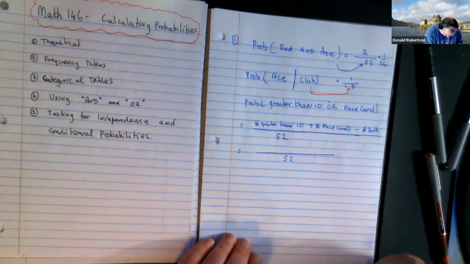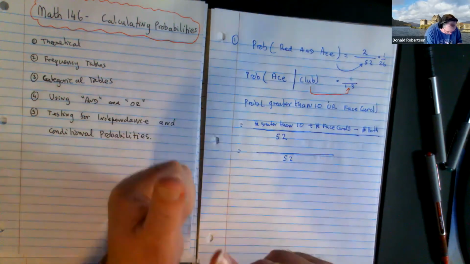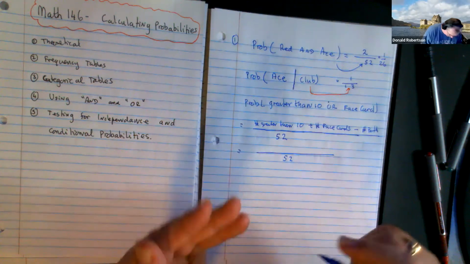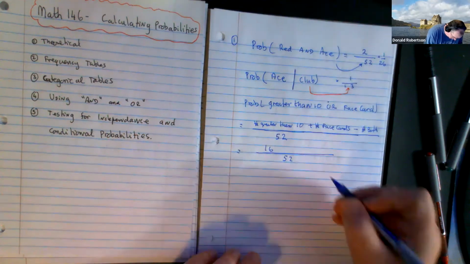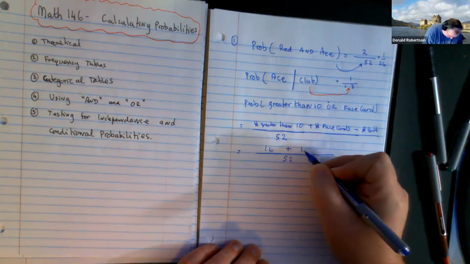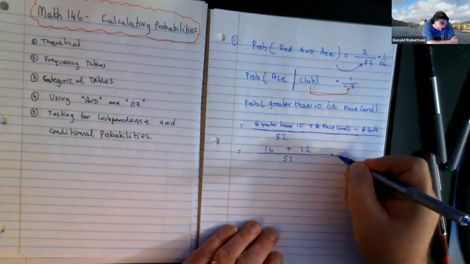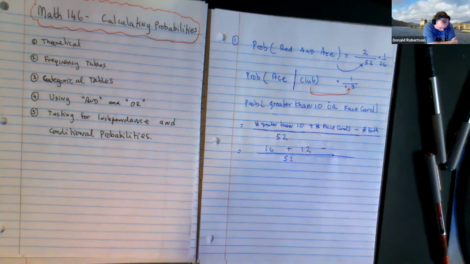So it's a jack, a queen, a king, and an ace. And there's 16 of those. And there are 12 face cards. And here's what makes this question a little bit weird. How many cards are face cards that are greater than 10?